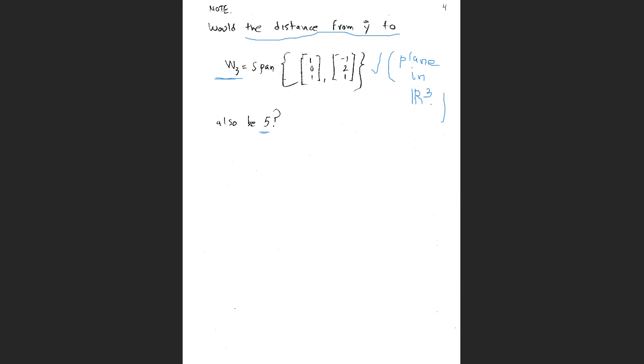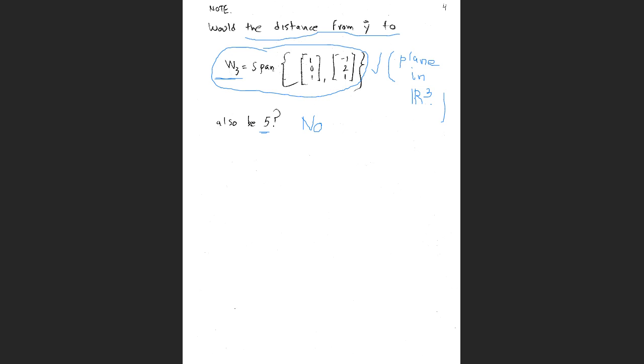This plane W3, would the span of those two vectors be the XY plane? Definitely not. It'll be some other plane. So the projection can't be the same.